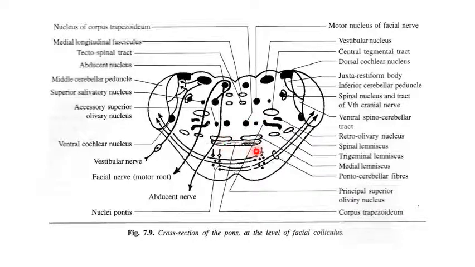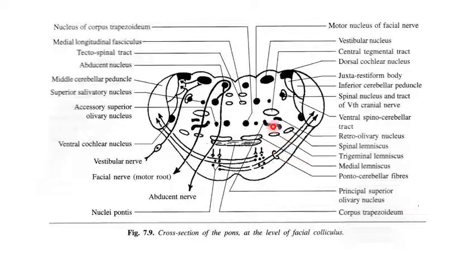And these decussating fibers, which fibers? Ventral acoustic stria, which are derived from the ventral cochlear nucleus. These decussating fibers form the corpus trapezoidum or trapezoid body. So trapezoid body is formed by decussating fibers of the ventral cochlear nucleus or ventral acoustic stria.